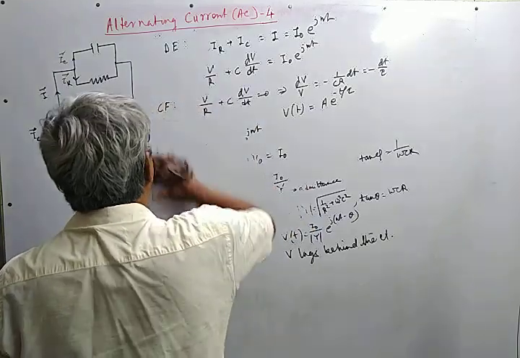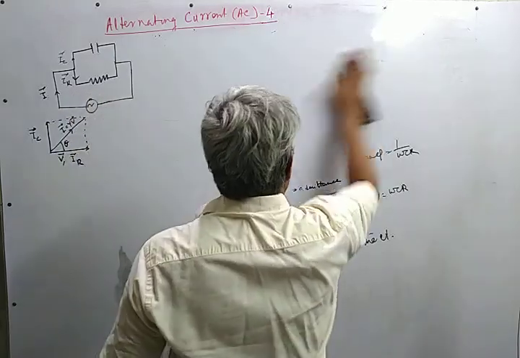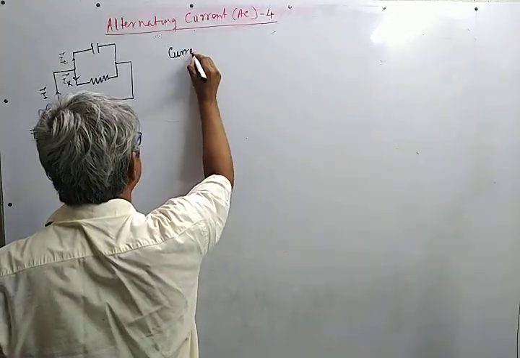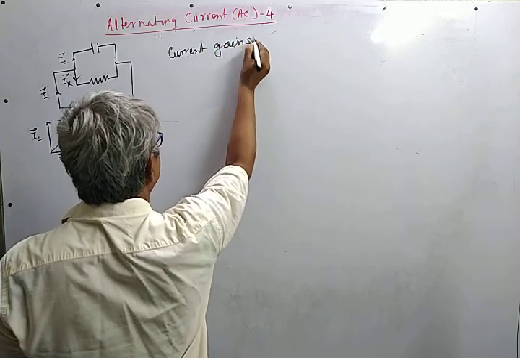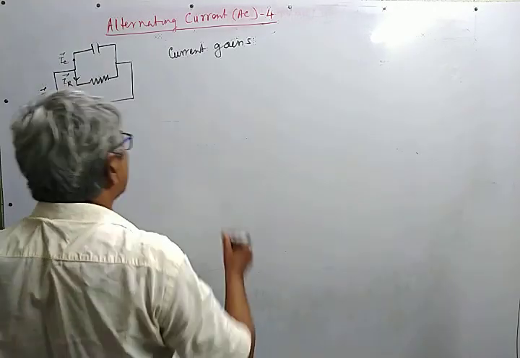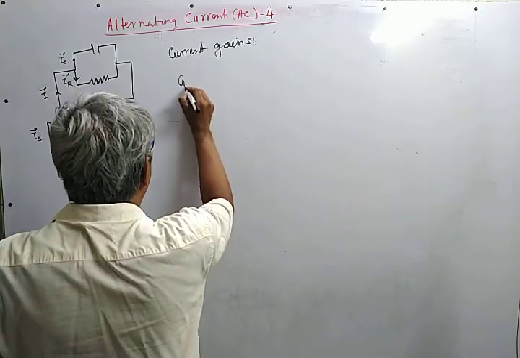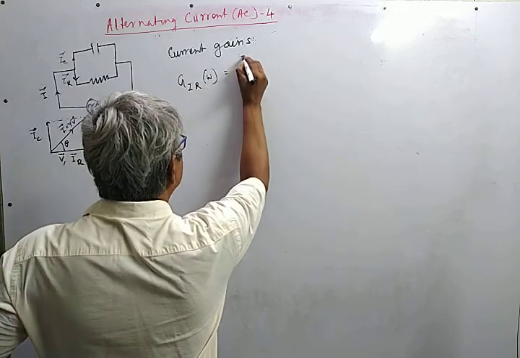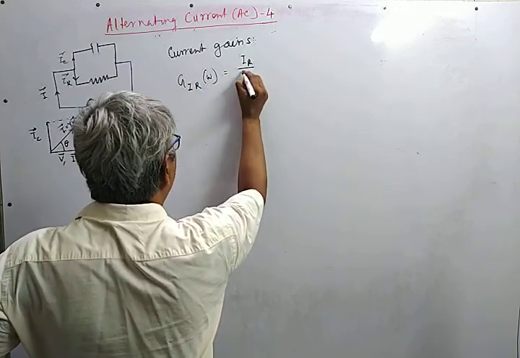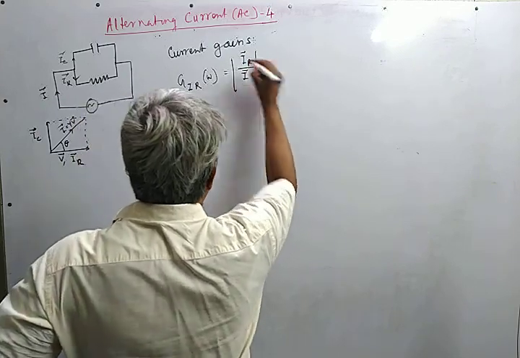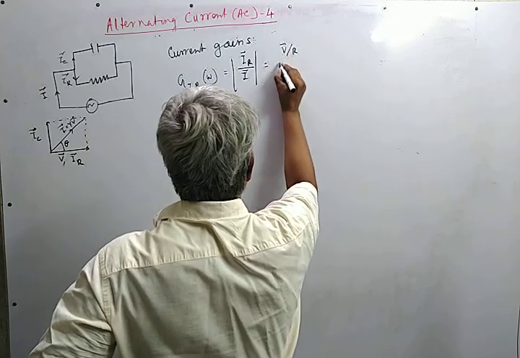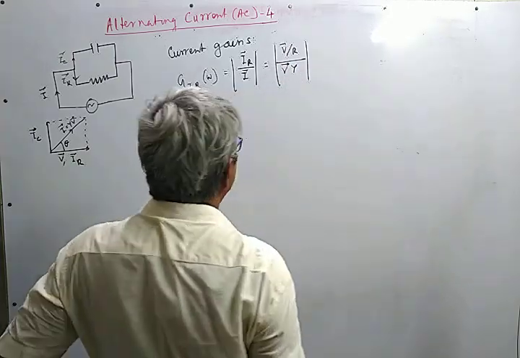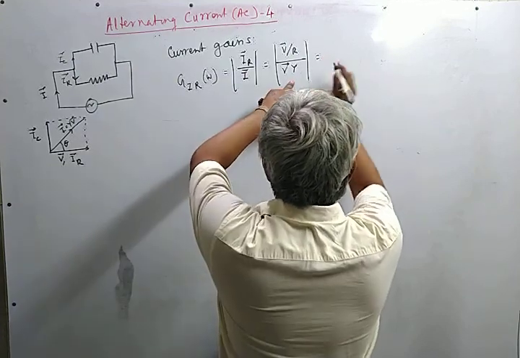Here also we can define the current gains. If we measure the current across C and R by RMS meters, we define the gain as IR by I phasor. In this expression V cancels out.